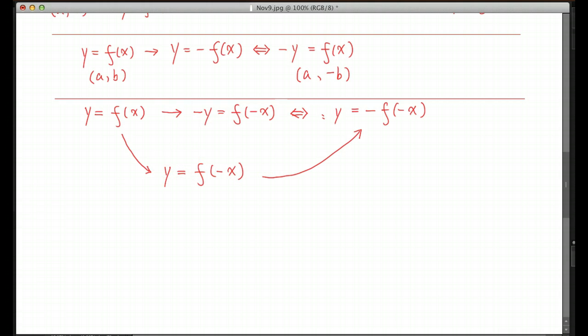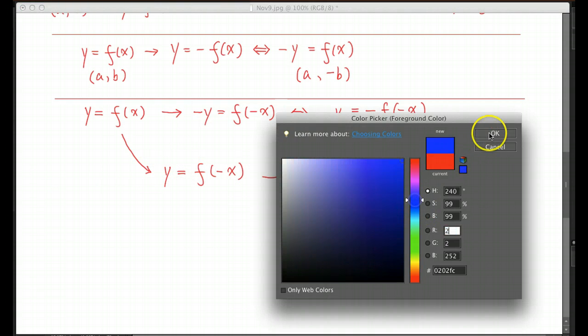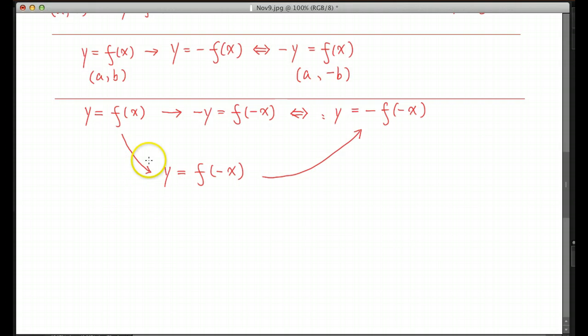So we should get this conclusion. If we have a point (a, b) on the original function, and after we've done this first step, we already explained that we should have a reflection on the y-axis, so we should have (-a, b).